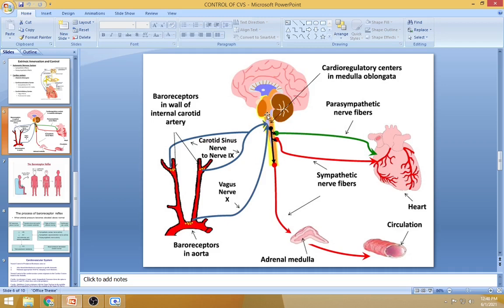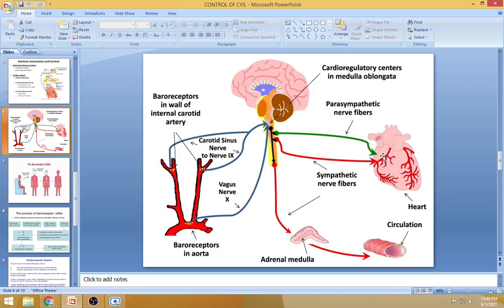So what is happening is that we have a decreased discharge of the sympathetic and an increased vagal tone. What is happening here when you have increased vagal tone? They are going to act on the sinoatrial node, decreasing the pace or the rhythm.